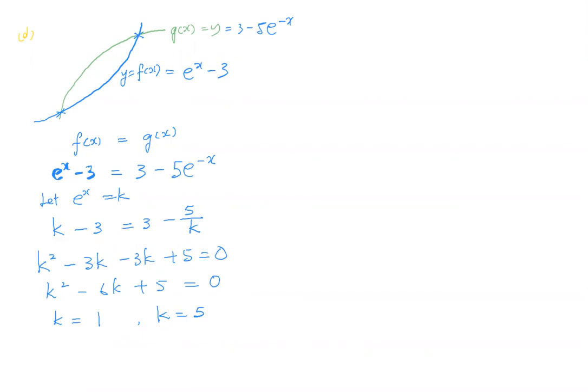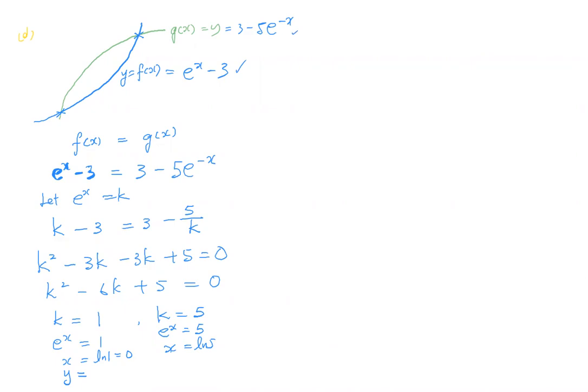Okay, so you have your e to the power x equal to 1. So your x equal to ln 1 equal to 0. Here, your e to the power x is equal to 5. So your x equal to ln 5. So your y will be equal to, you can either put in this one or this one, up to you.